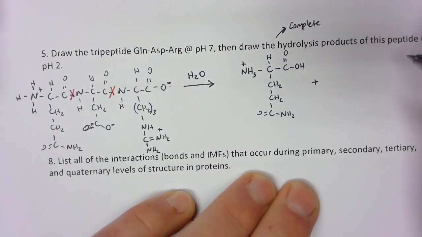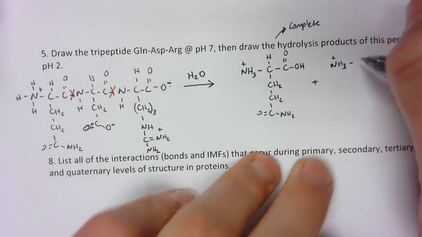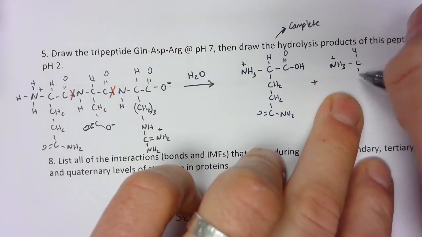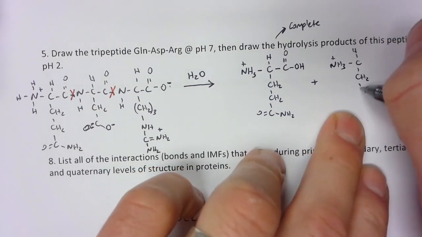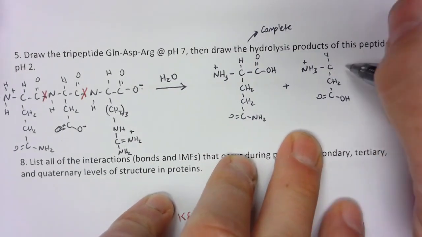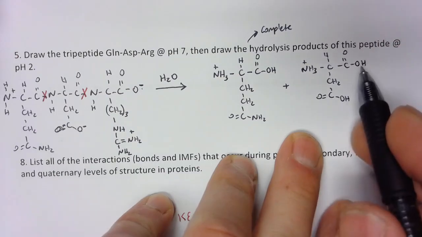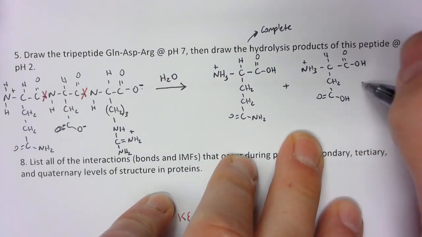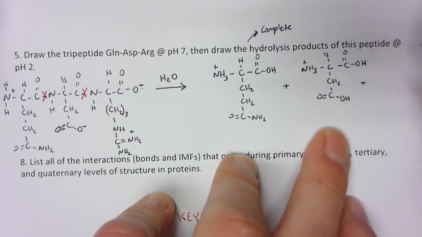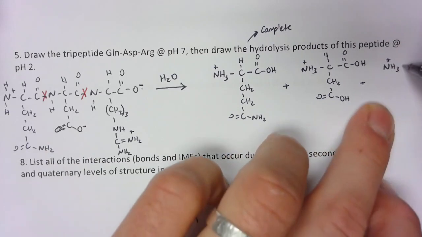And then the middle amino acid, aspartic acid, again NH3+. Since this is an acidic amino acid, I also need to have the H here for pH of 2. And the same thing on the C-terminus here. And then the third hydrolysis product, which is arginine.